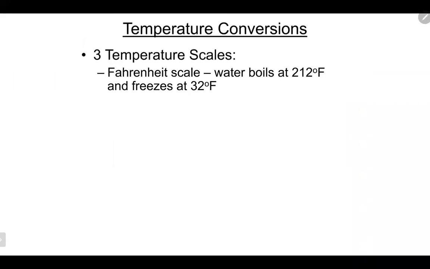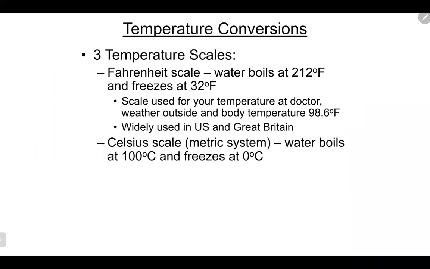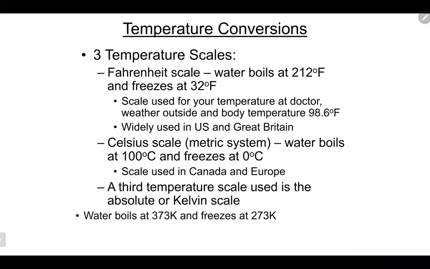So let's talk a little bit about temperature scales and some temperature conversions. There are really three types of temperature scales that we see in chemistry, and for the most part we see two of these three the most often. There is the Fahrenheit scale, where water boils at 212 degrees Fahrenheit and freezes at 32 degrees Fahrenheit.